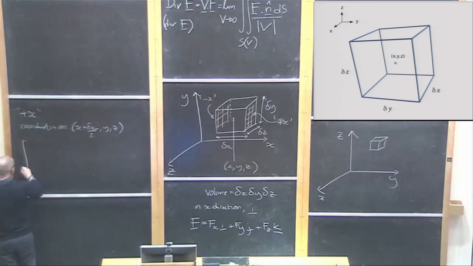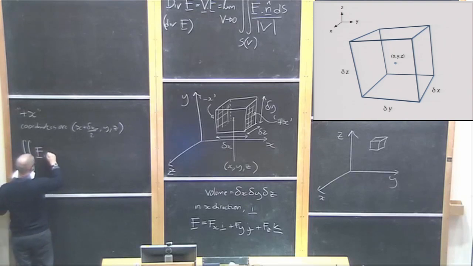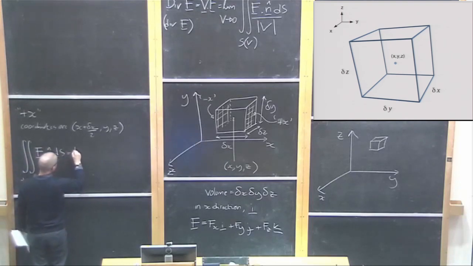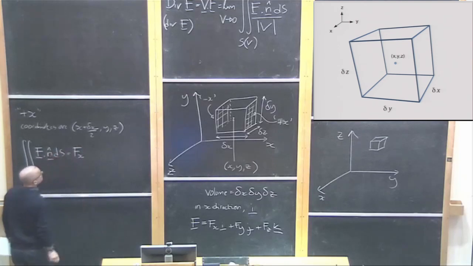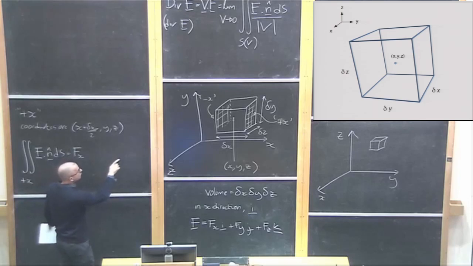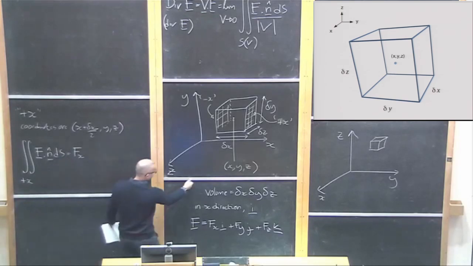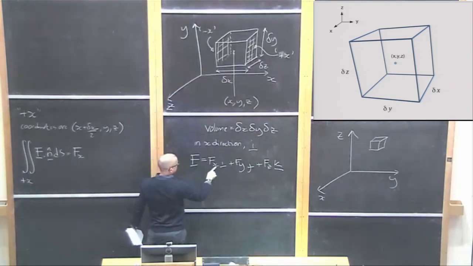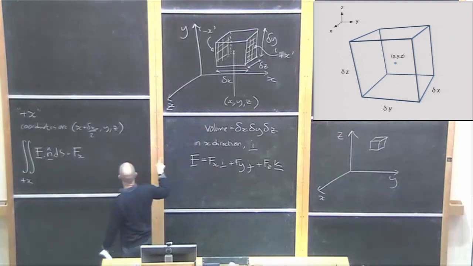Okay, so our surface integral then for the plus x face, F dot n dS, is equal to the x component of my vector field, because of course my vector field here, the x component is operating in the i direction.